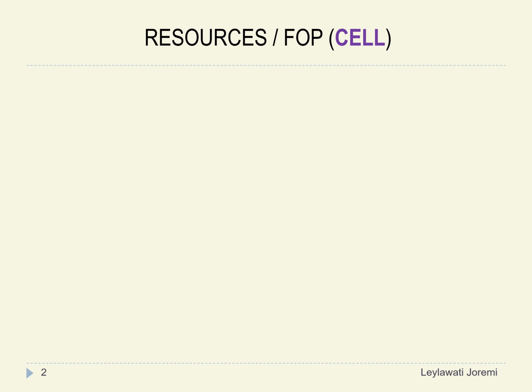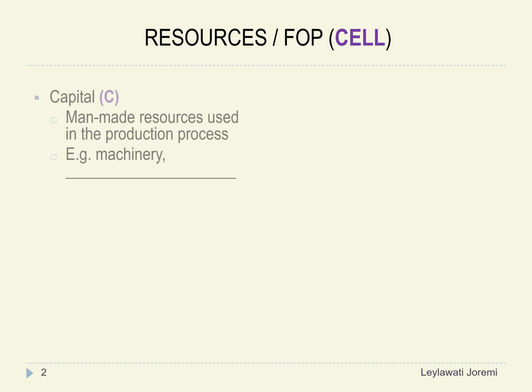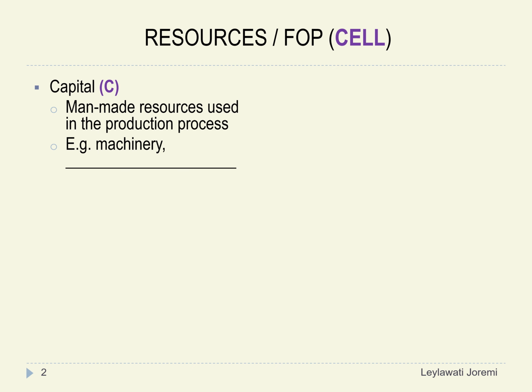In economics, there are 4 main resources, or FOP, factors of production. Resources are items or inputs that are used in the production process meant to produce final goods and services. C stands for capital. In economics, at your level, for ECO 560, we don't focus on financial capital.